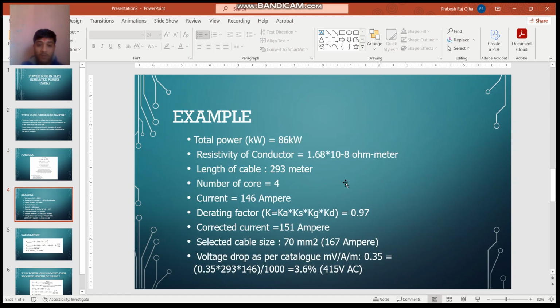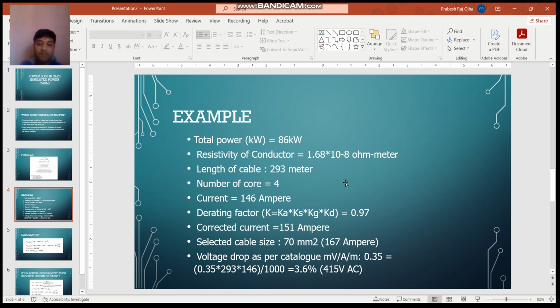So total power is 86 kilowatt, and considering the copper conductor for the connection, resistivity of the conductor is 1.68 times 10 to the power minus 8 ohm meter. From installation point to the grid connection point it was approximately 93 meters, and we used a 4 core cable, 3 phase AC, RYB and neutral.